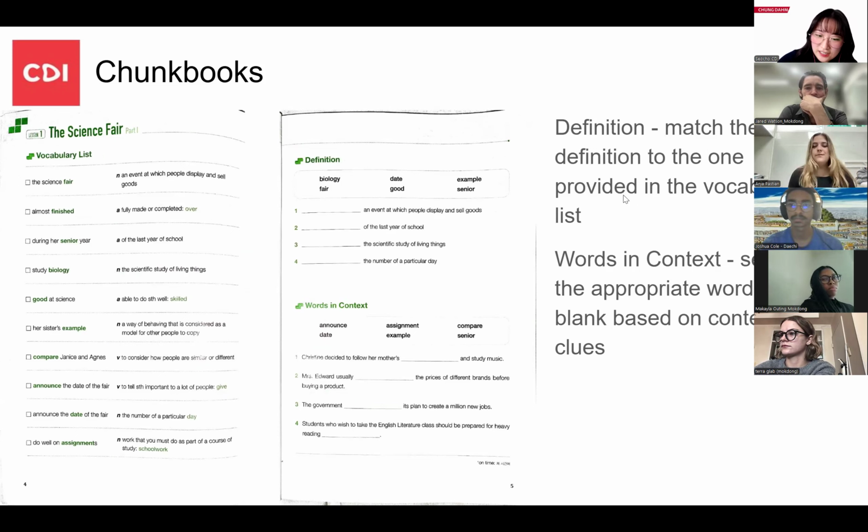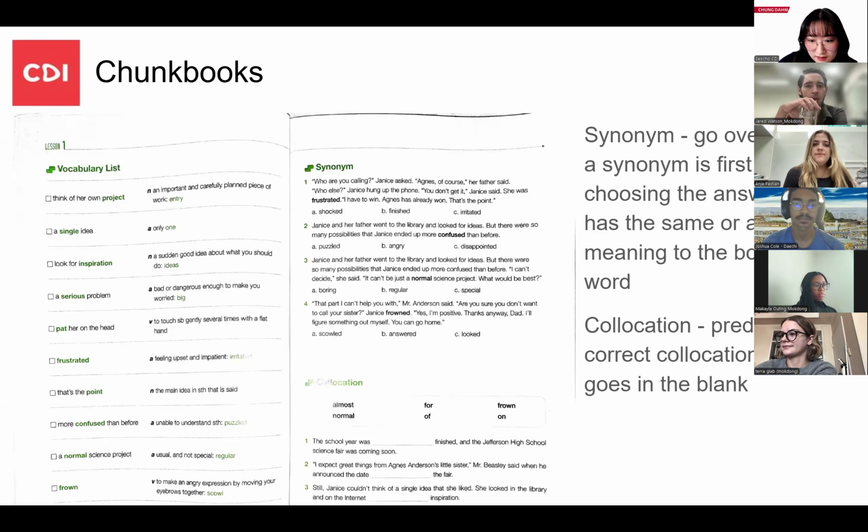And then words in context, you need to use the context of the sentence to determine which word goes into the blank. It could be useful here to help students find keywords in these questions to identify clues to help them know which words go in there.